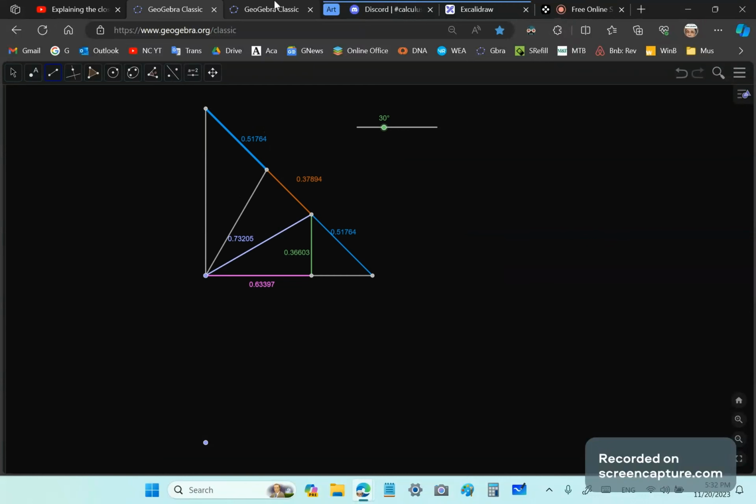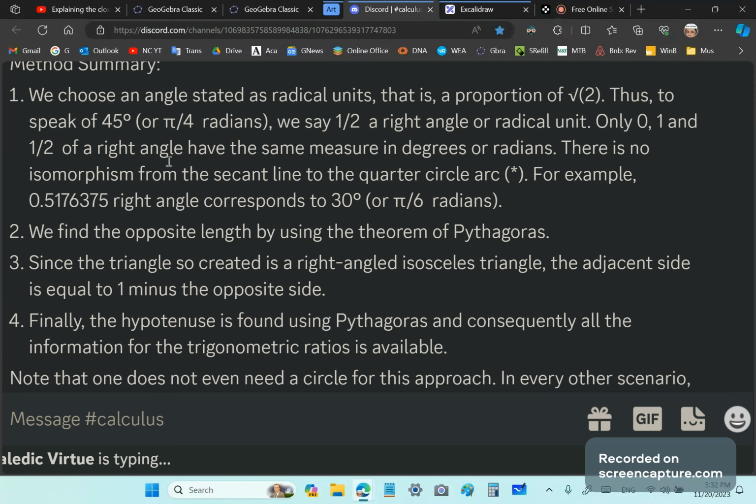In my response, I said we choose an angle stated as radical units, that is a proportion of root 2. So to speak of 45 degrees or pi over 4 radians, we say that half a right triangle or radical unit is what we're referring to.